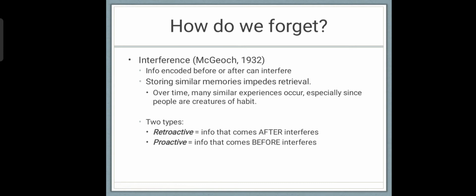And if the first information interferes with the memorization of the second material, then that is proactive interference.